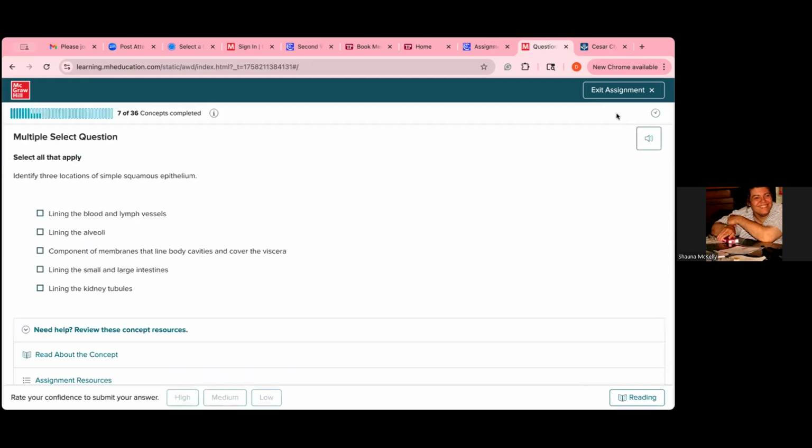And this is a check-all-that-apply kind of question. So, lining the blood and lymph vessels, yes. Lining the alveoli, yes. It's a component of the membranes that line body cavities and cover the viscera, yes.